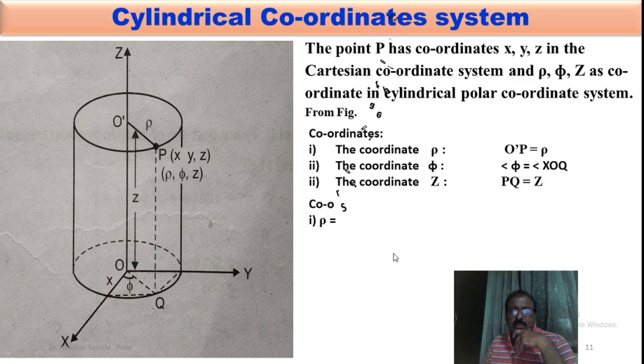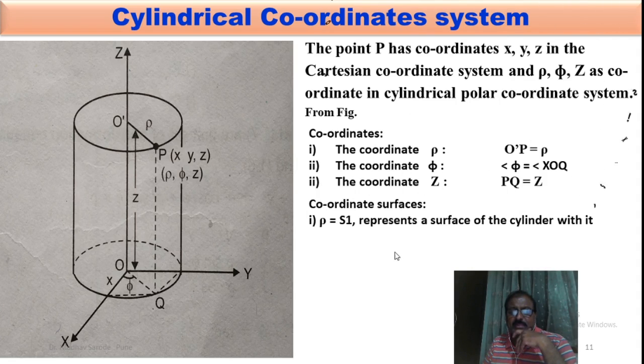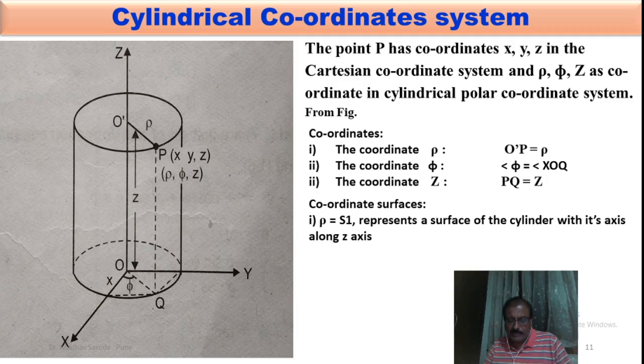Then what are the coordinate surfaces? In the cylindrical coordinate system, rho equal to S1 is the first surface, and this S1 surface represents the surface of a cylinder with its axis along the Z axis. The second coordinate surface is S2.